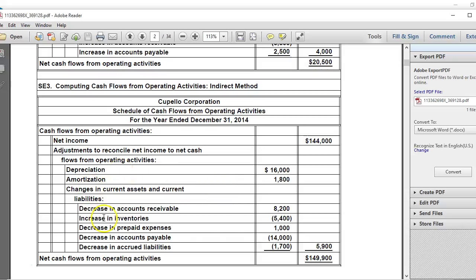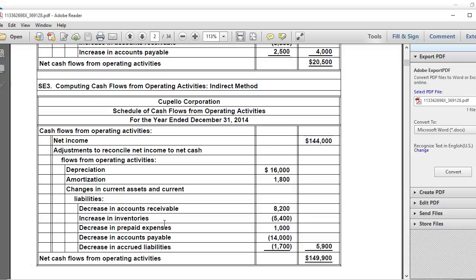when we decrease an accounts receivable, we add to it. When we increase an inventory, we subtract. When we decrease a prepaid expense, that's an asset, isn't it? It's just like decreasing accounts receivable.